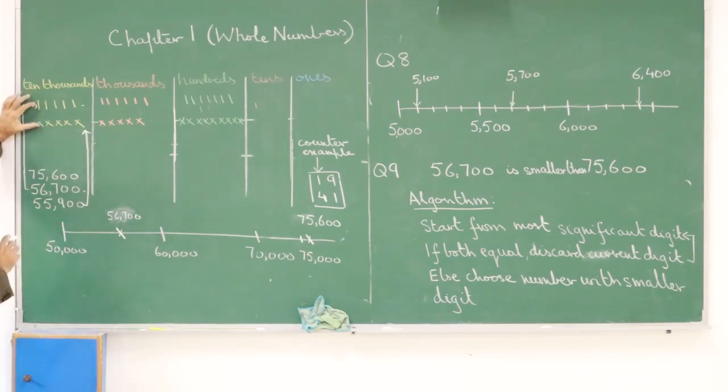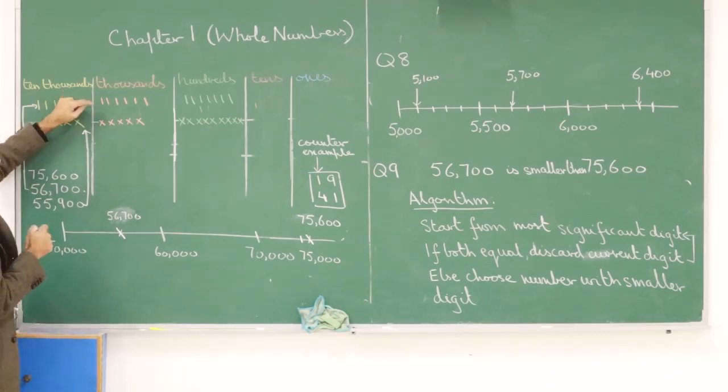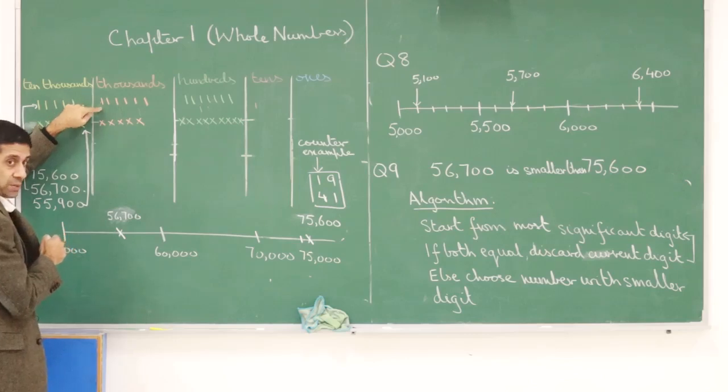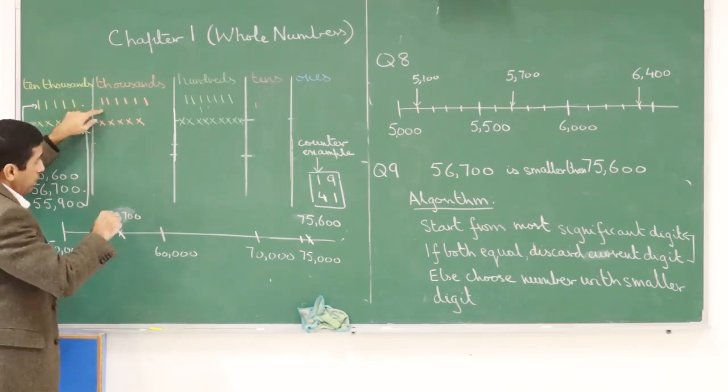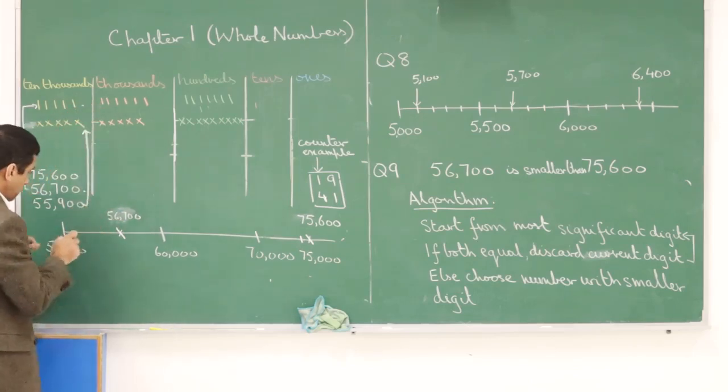If both numbers are equal, they are both at the 50,000 mark, right? They're both at the 50,000 mark because both contain 5 10,000s. Agree? Now note, here I have 6 1,000s and here I have 5 1,000s. Okay?